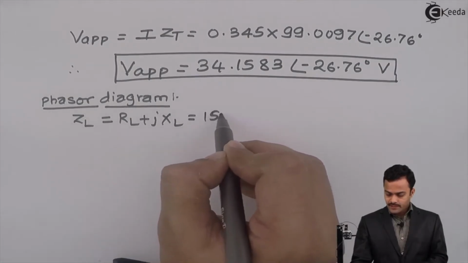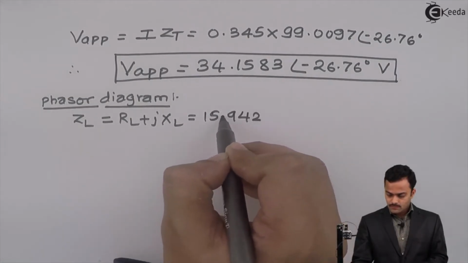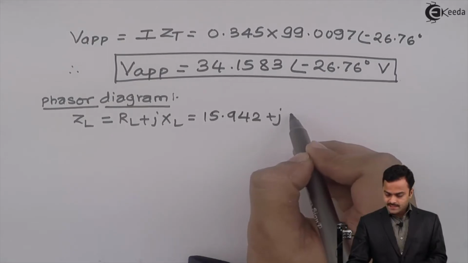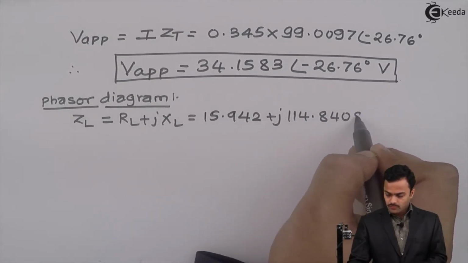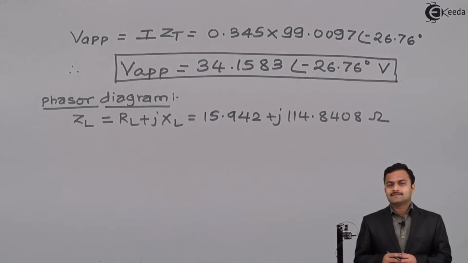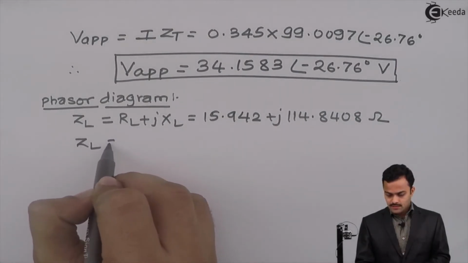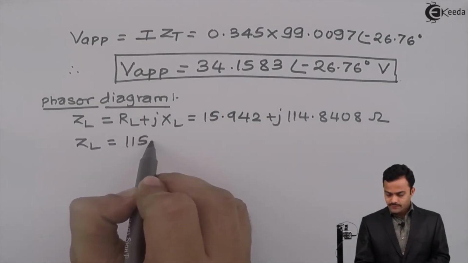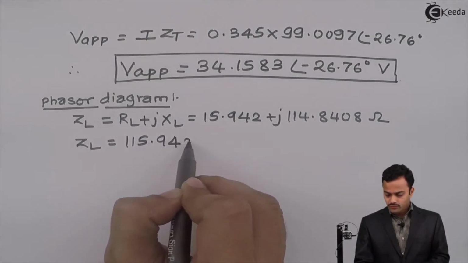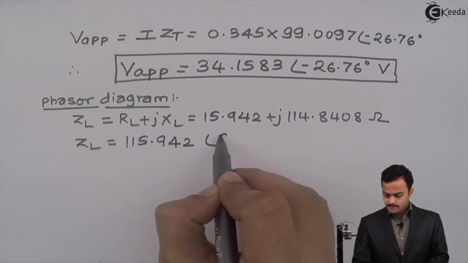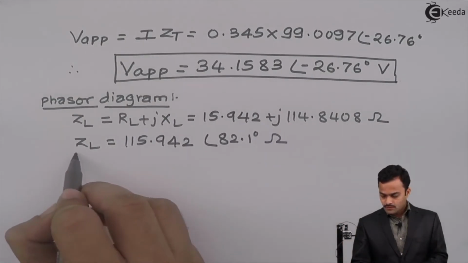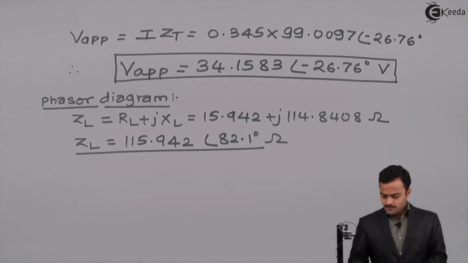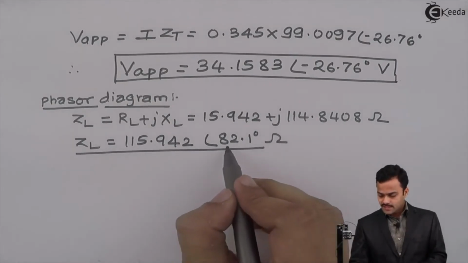RL is 15.942 plus JXL is 114.8408 ohm. Only thing is that this ZL I need to convert into polar form. So ZL will be equal to 115.942 at an angle 82.1 degree ohm. So here the most important part is this phase angle.